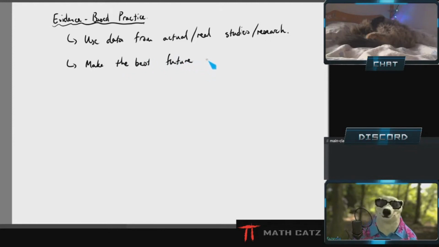Now, there could be a case where we've never treated this illness, right? Then it still makes sense through evidence-based practice to conduct a smaller study, conduct some research first, instead of just saying, we're going to give this a shot, see what happens. Maybe it cures some people, maybe it doesn't.